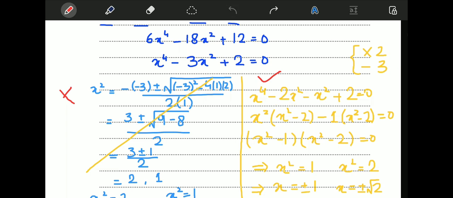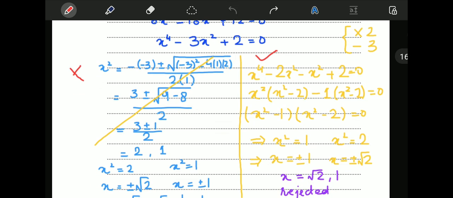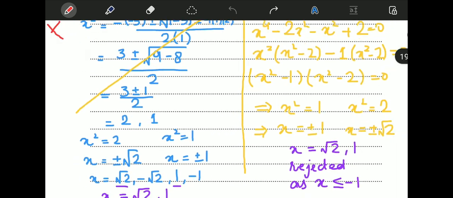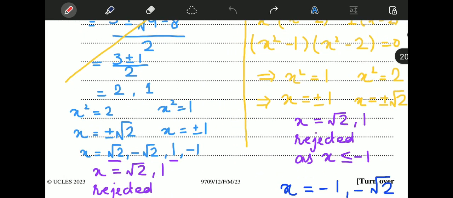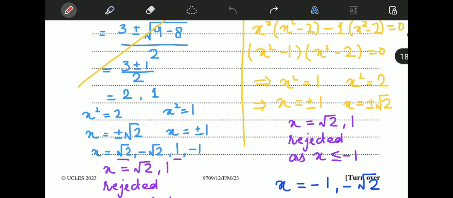Okay, so this is it, and then simplify, take common x squared, you'll get these two factors, and then put them equal to 0, you'll get this. Okay, first you'll get x equals plus minus 1 and x equals plus minus root 2. You'll reject this root 2 and 1.